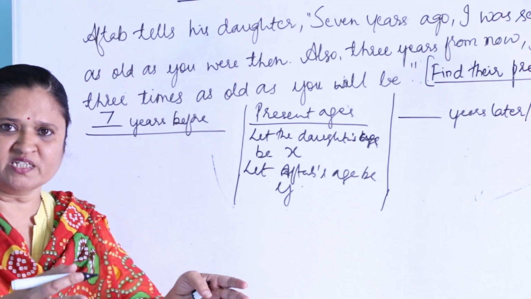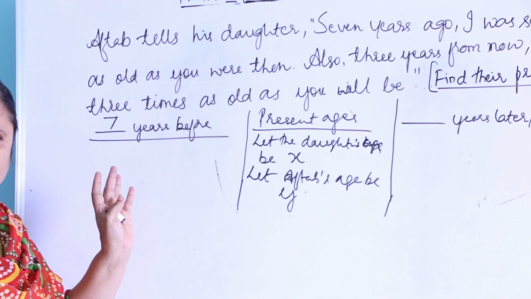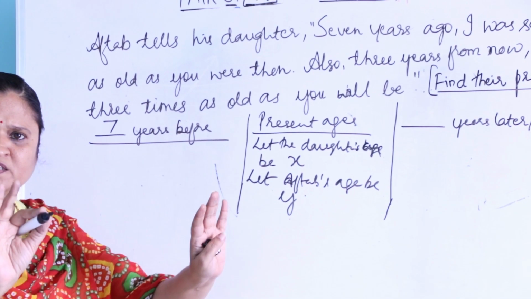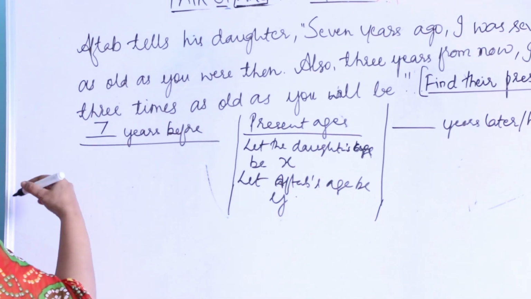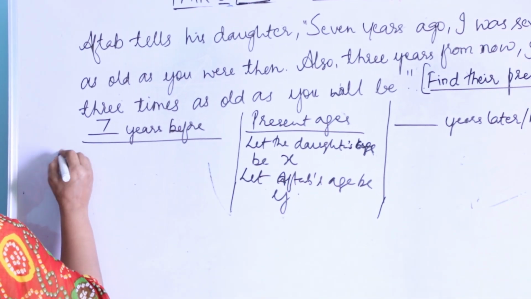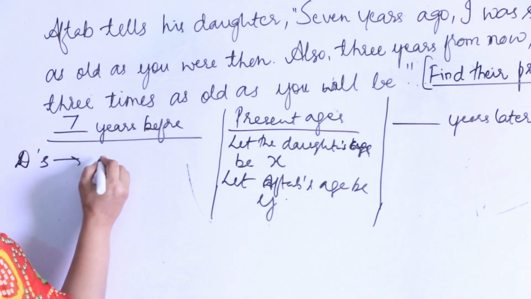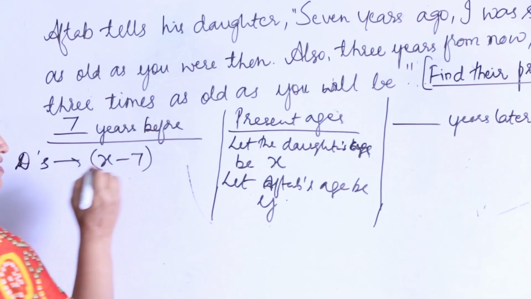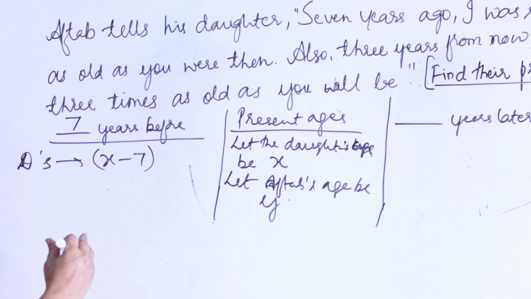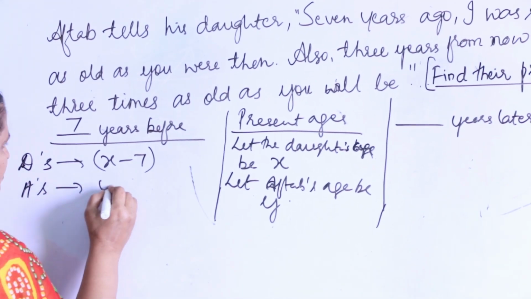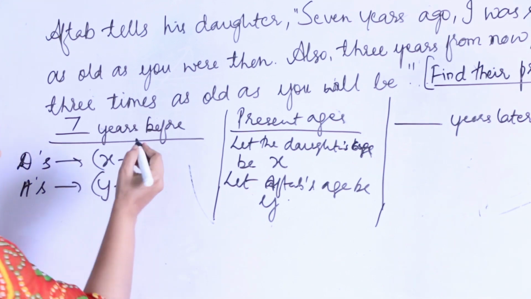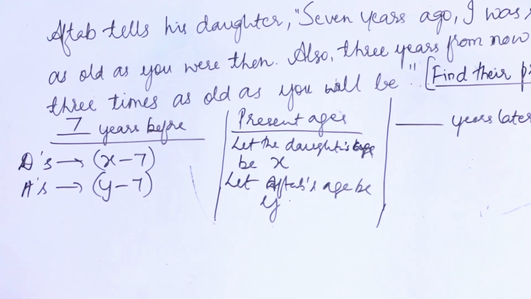Right? Whatever is the present age, minus 7. Forget about the algebra. Simple logic. Now, daughter's age is x. So, what was her age 7 years ago? Daughter's age, I just write in short form, x minus 7 years. What was Aftab's age? y minus 7. Aftab's age, y minus 7. Fine. Very good.